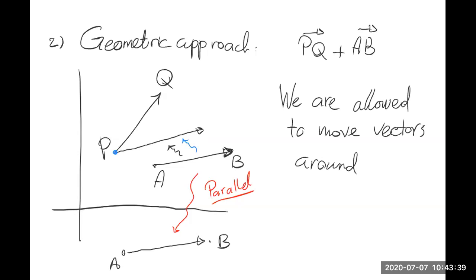Now the idea is that from this green point here, I would draw a vector parallel to PQ. So this is PQ, I would draw something parallel to that. I hope it's really parallel. Something like this.